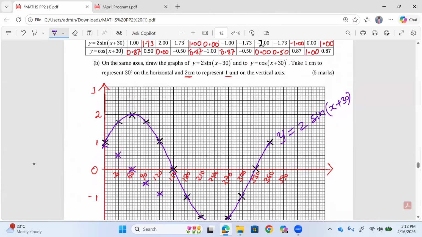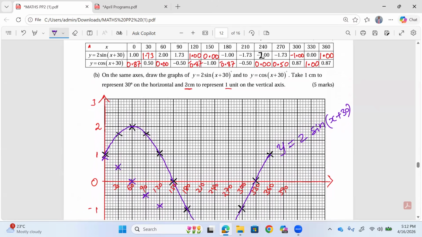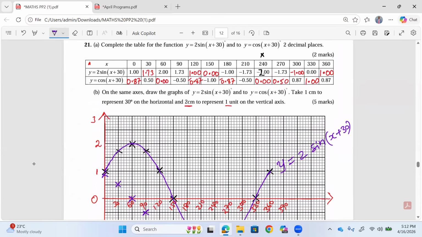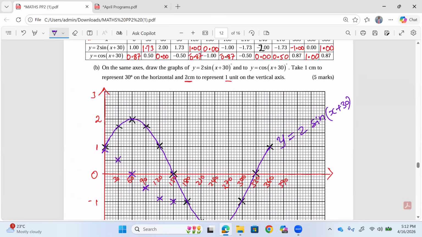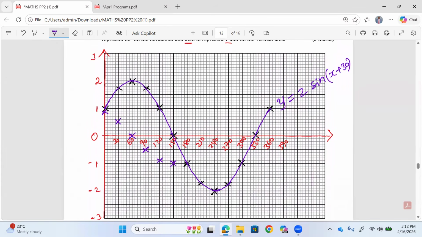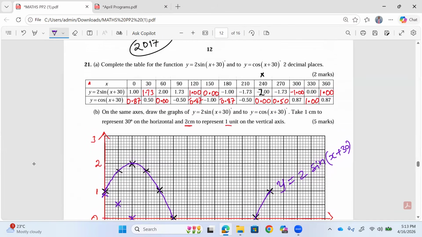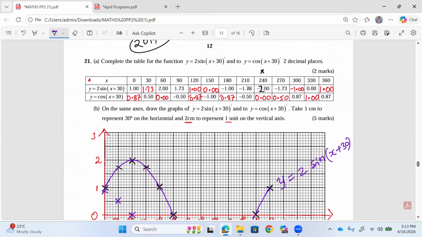What about at 150? At 150, negative 1. What about at 180? At 180, negative 0.8, somewhere there. What about at 210?